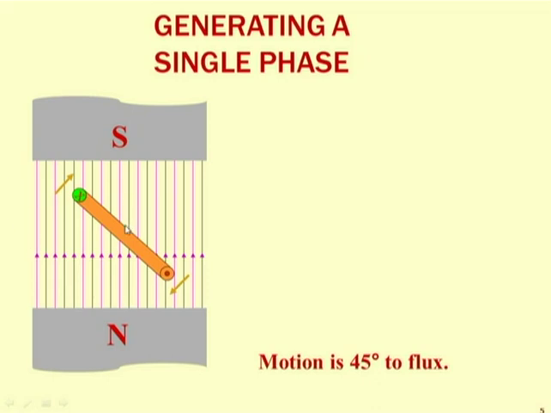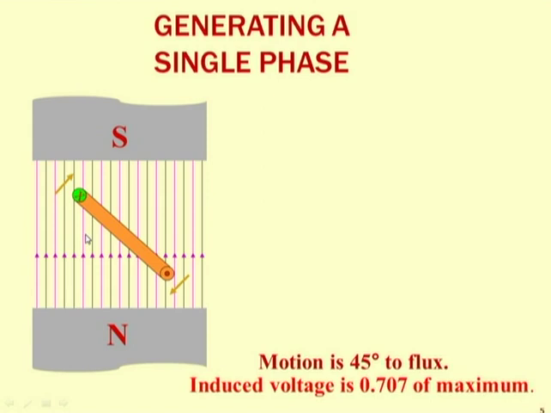Here in this case, say this is the 45-degree position of the conductor. So we are considering the motion of the conductor when it is placed at 45 degrees to the line of fluxes. Now if it is at 45 degrees, then you already know that due to the sinusoidal distribution we are getting the induced voltage which is equal to 0.707 of the maximum, that is the peak value of the voltage.